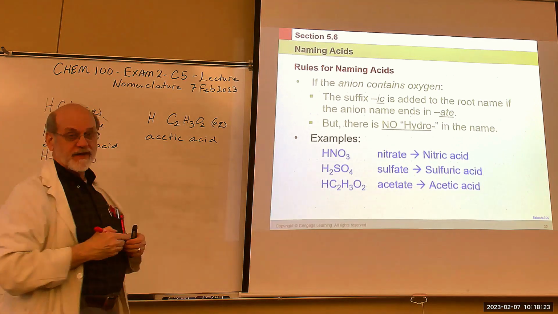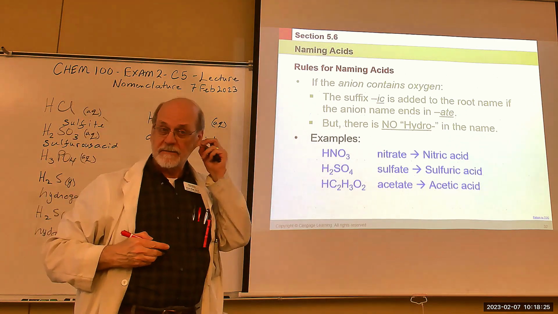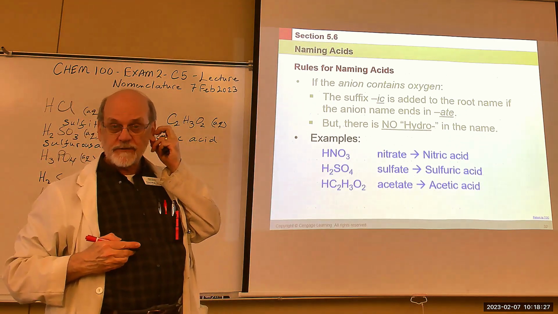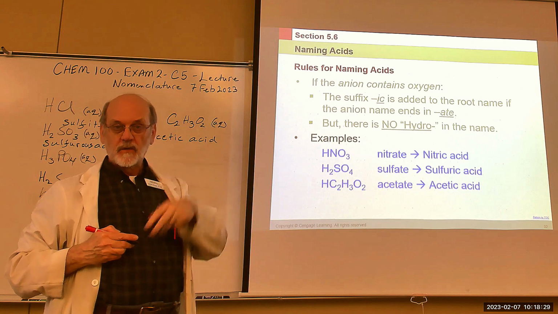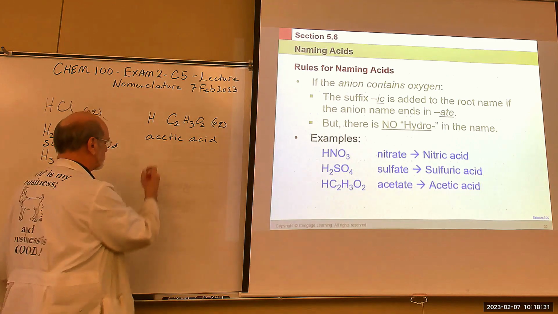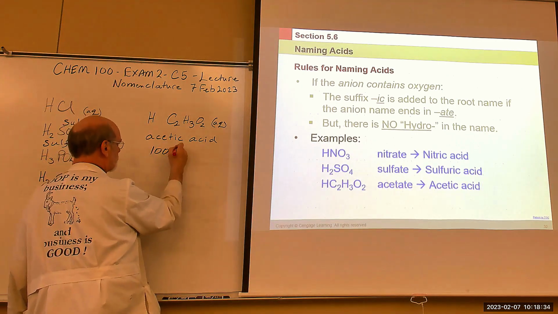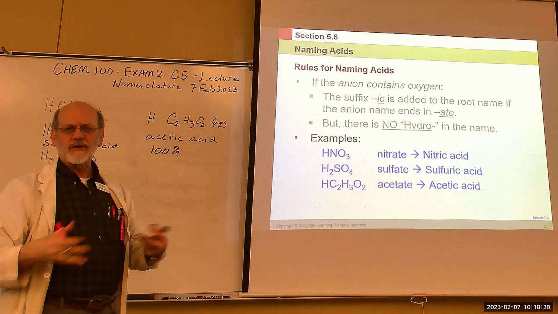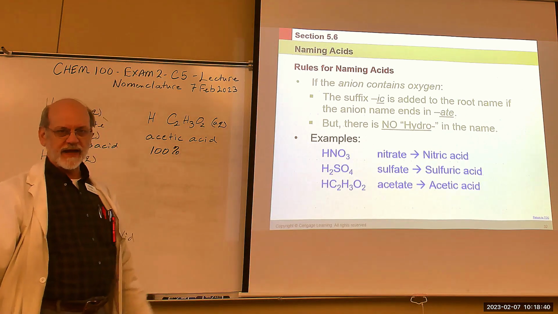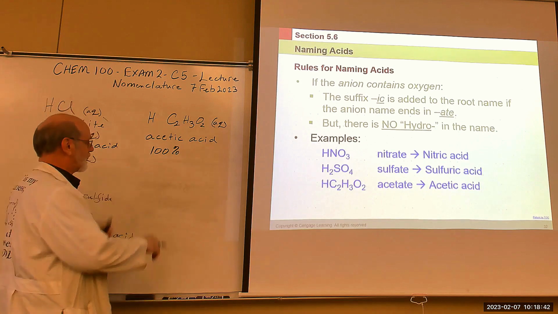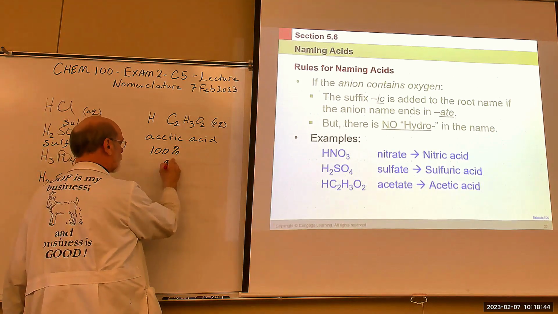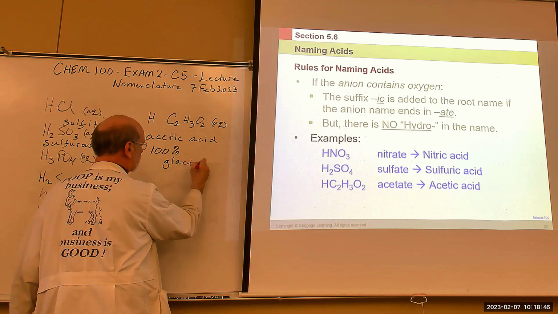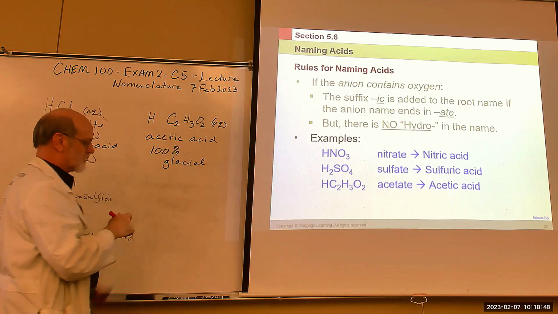You can also, in fact, when I was in research, we would often buy 100% hydrogen acetate, but we still called it acetic acid. It was labeled that way, even though there was no water in it. 100% is also called glacial. Glacial acetic acid is 100%.